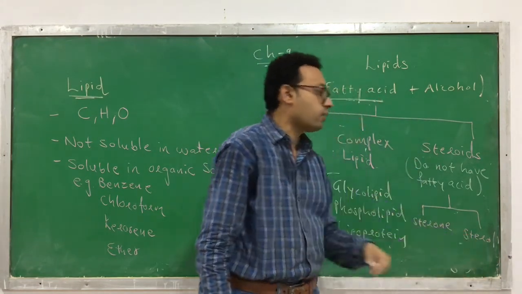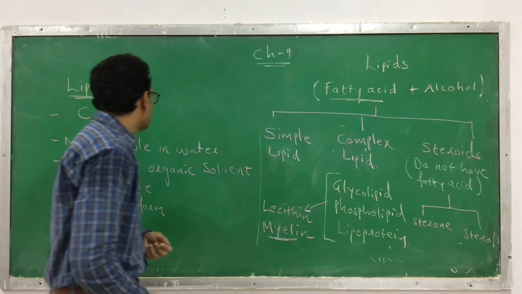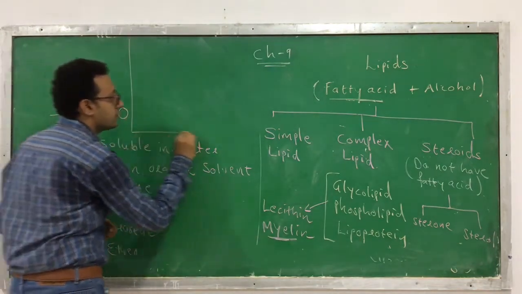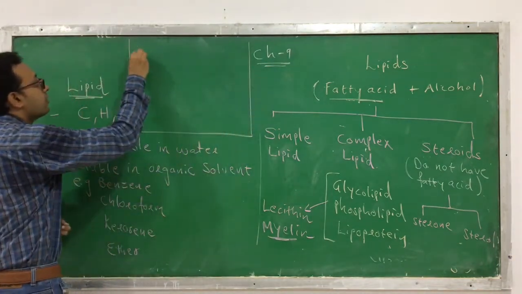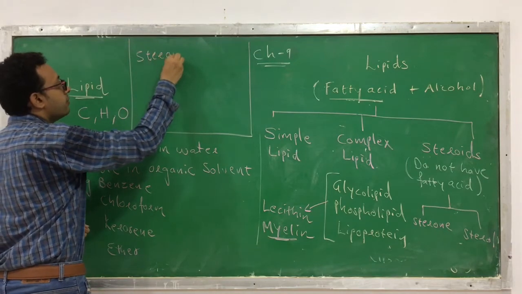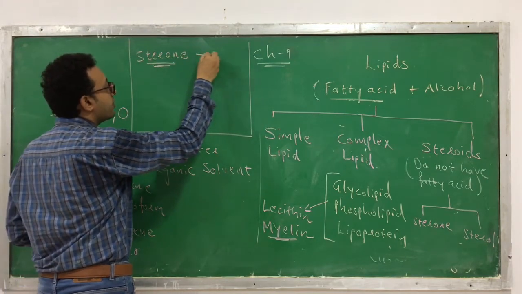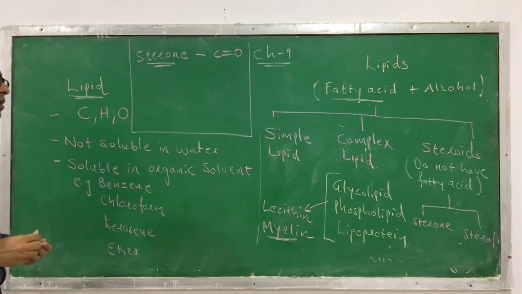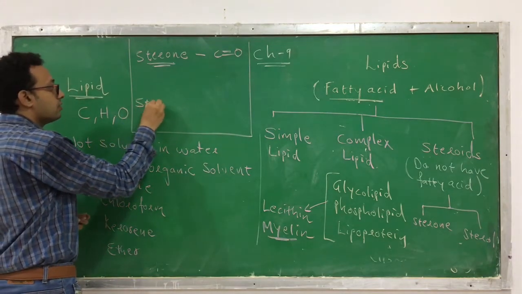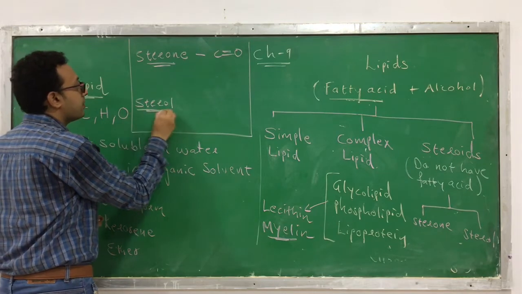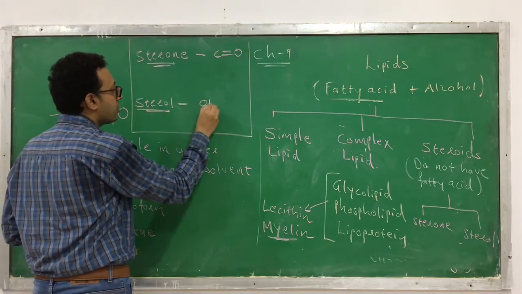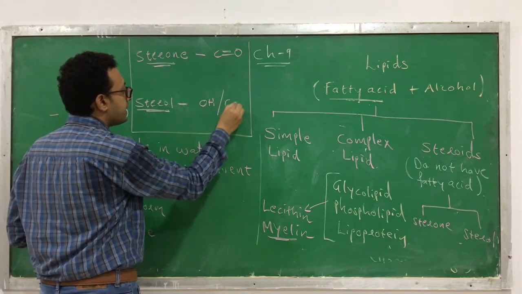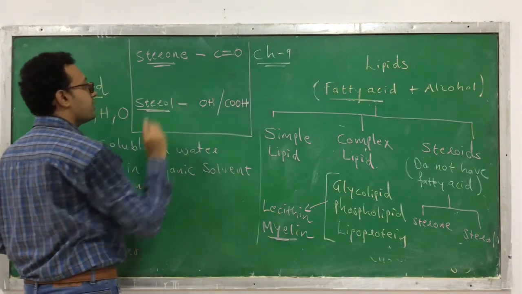Sterone and sterol. What is a sterone? I am writing over here. Sterones have a ketone functional group, C double bond O. And sterols have OH, or C double OH, carboxylic acid functional group.